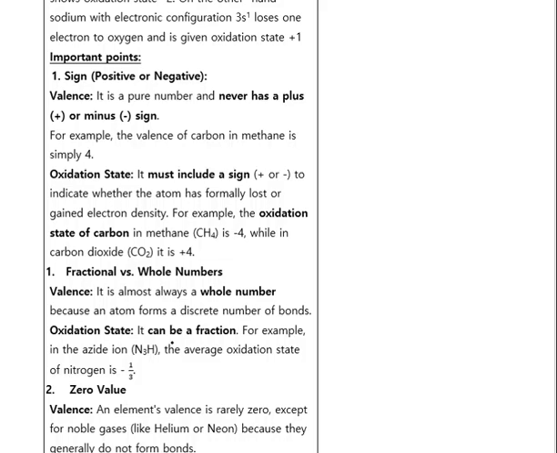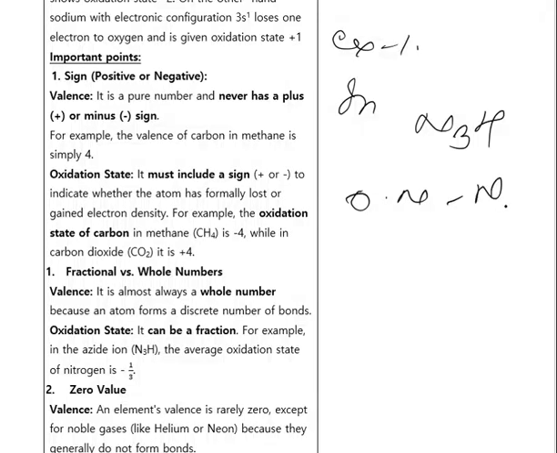For example, take the example of azide, N3H. Hydrogen is +1, but the oxidation number of each nitrogen is equal to -1/3.